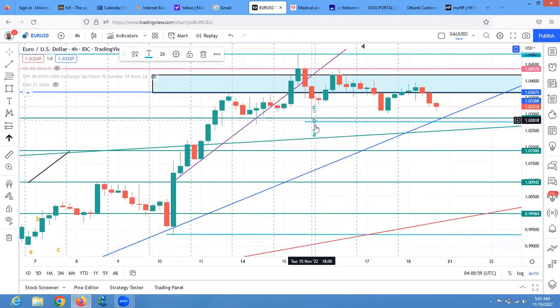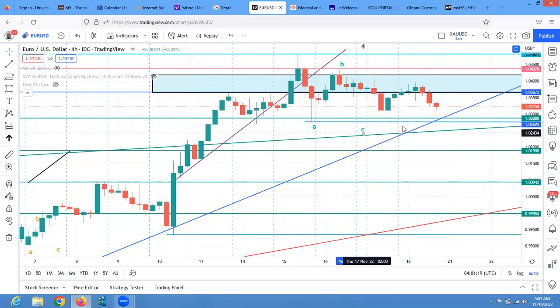Now, it has to be a 3-wave move. This is the first sharp move here, which is regarded as A, and this is regarded as a B. And a C is what we are hoping to get.